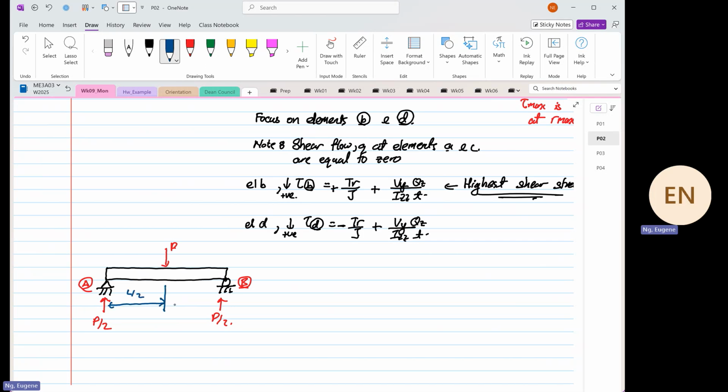This is L/2, and this is L/2. Okay. So now, if we were to label this at point C, right?